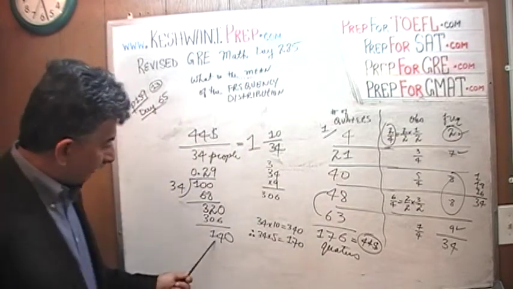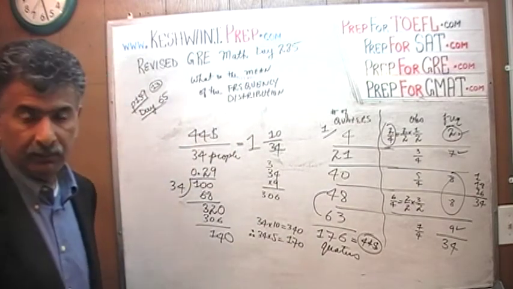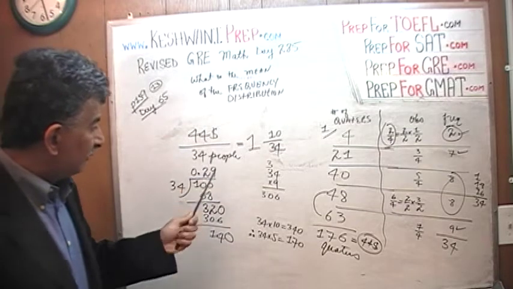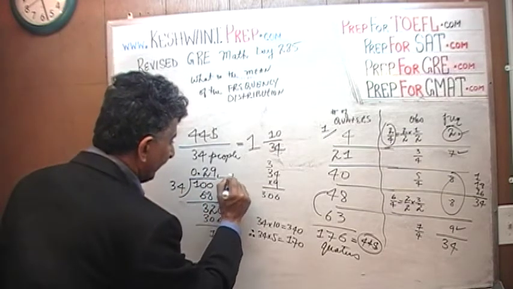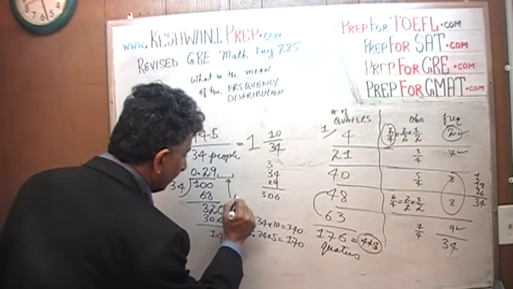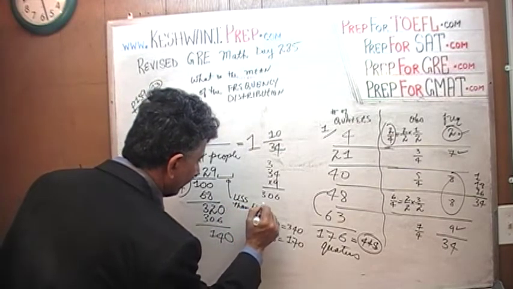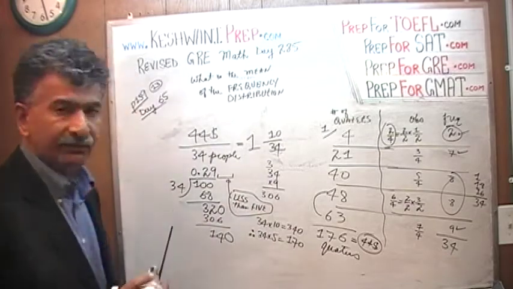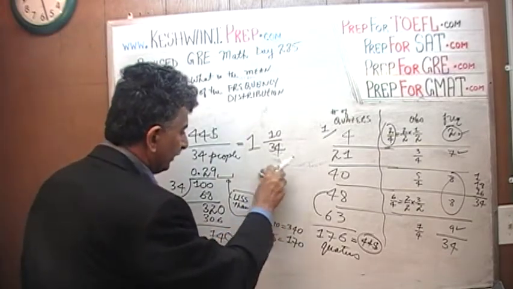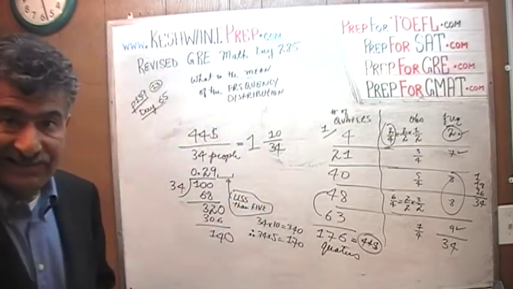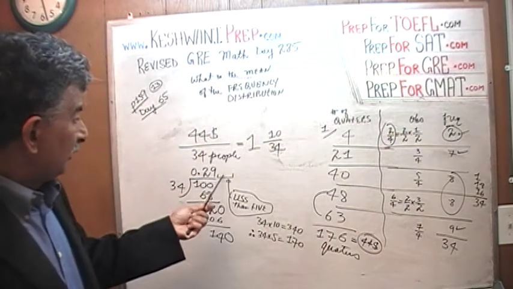We do not have 170 here, we have 140, which means whatever this next number is, it is going to be less than 5. Since it is less than 5, let's erase this extra part that we don't need anymore. Since it is less than 5, we don't need to round it up.